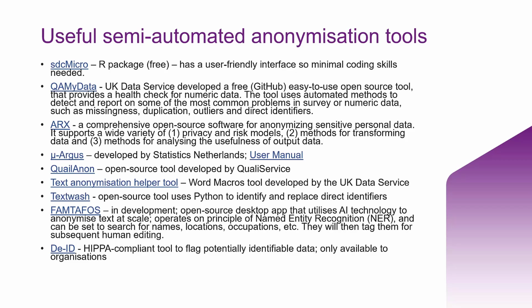QualiAnon, an open source tool developed by Quali Service. TextWash, again, uses Python to identify and replace direct identifiers. Fantafos, that's in development, but it's an open source desktop app that utilizes AI technology to anonymize text at scale and is running on named entity recognition.